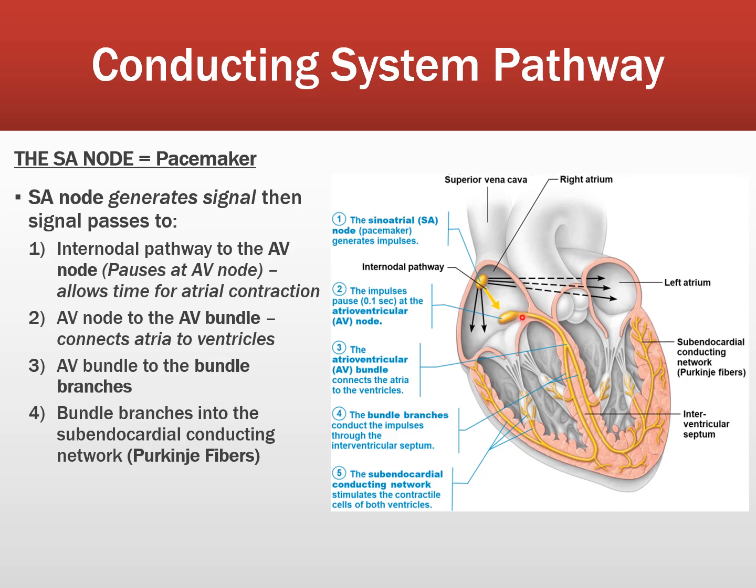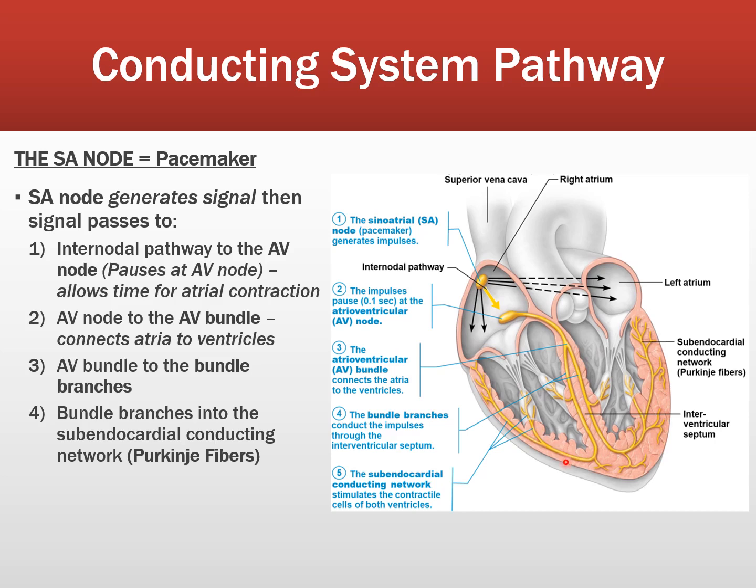Once it stimulates the AV node, the AV node sends the signal down this bundle down the interventricular septum. This AV bundle then throws off a bunch of branches, just called bundle branches, specifically out to the left and the right ventricle.